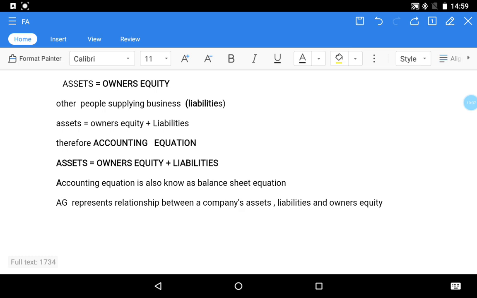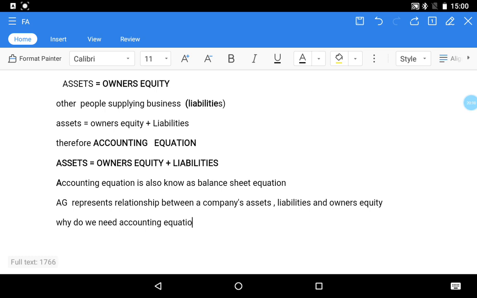And of course, someone can be there who wants to know, why do we prepare the accounting equation? Why do we need the accounting equation in our businesses or in our day-to-day running of business?